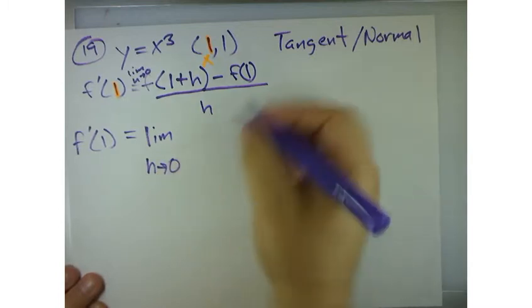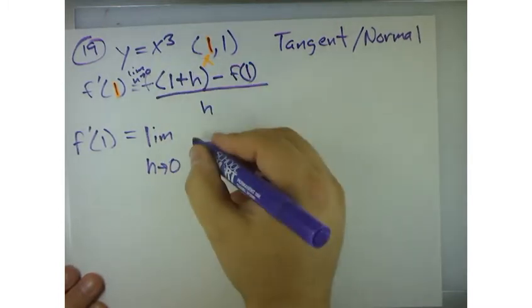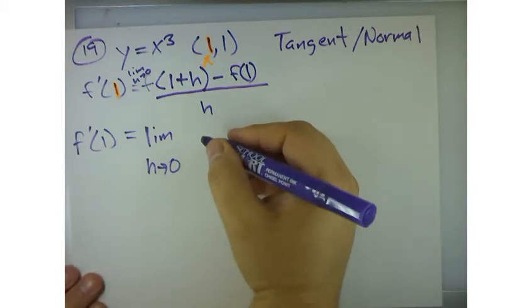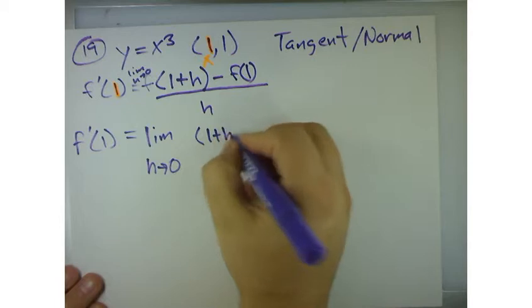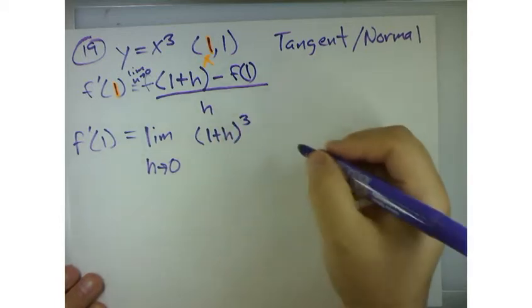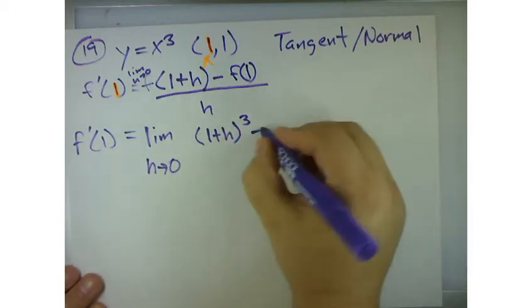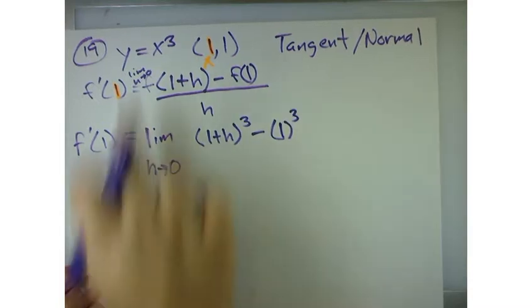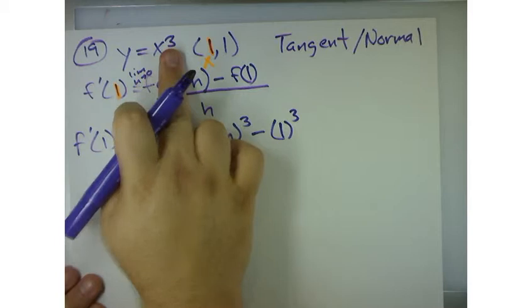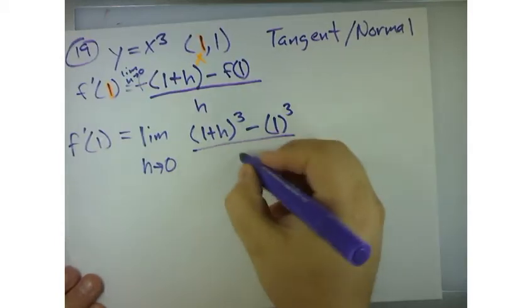Well, what's f of 1 plus h? 1 plus h. Yeah, so it would be 1 plus h cubed minus 1 cubed, right? Because it's x cubed, all over h.